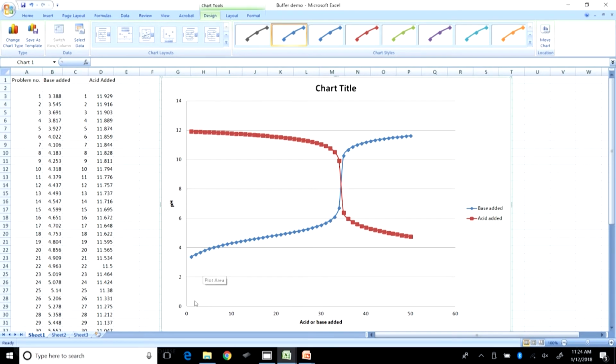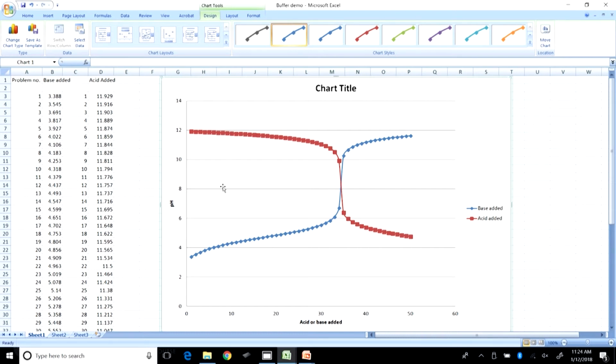So obviously, as you can see, what does that mean? That means that whenever the slope is less steep, for example if I look at this region, it means that in this particular region you need to add a lot of base or a lot of acid.